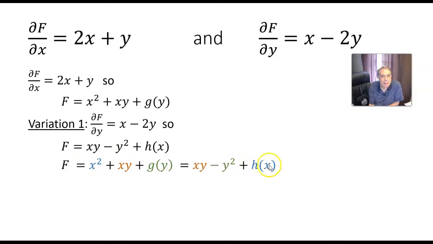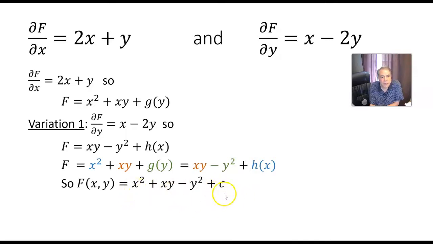So by comparing these, we know that our function of x and y has an x squared. That's the part that only involves x. It has an xy, and it has a minus y squared. That's the part that only involves y. And then we might have just a numerical constant that doesn't depend on x or y. So I could add on a plus c there.